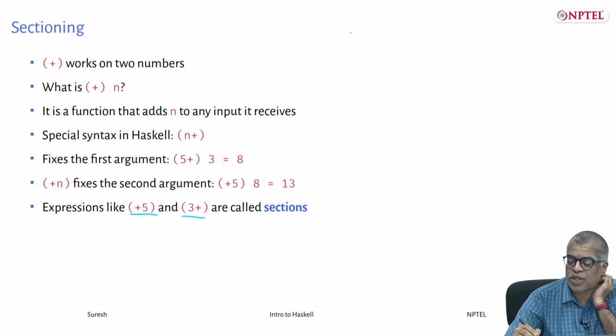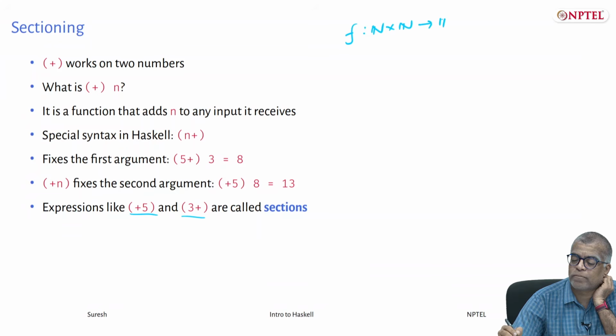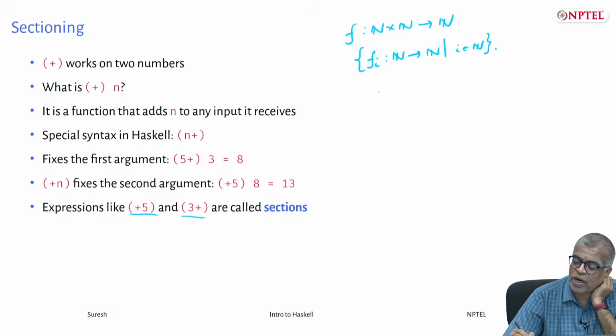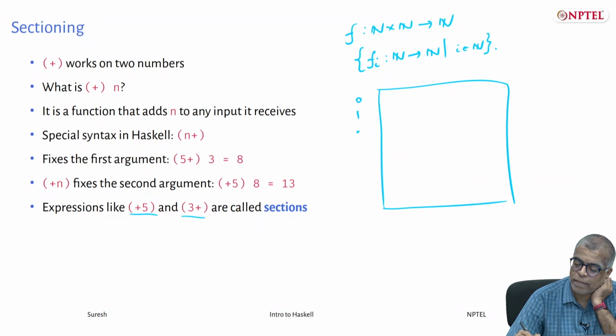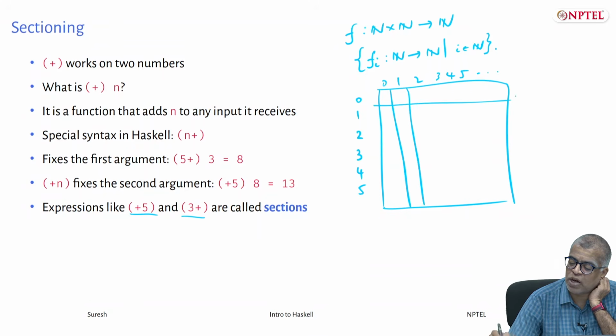Recall that I earlier mentioned that you can view each binary function as a family of functions like this. If you think about it, think of it as a table, and in each cell you have a value.